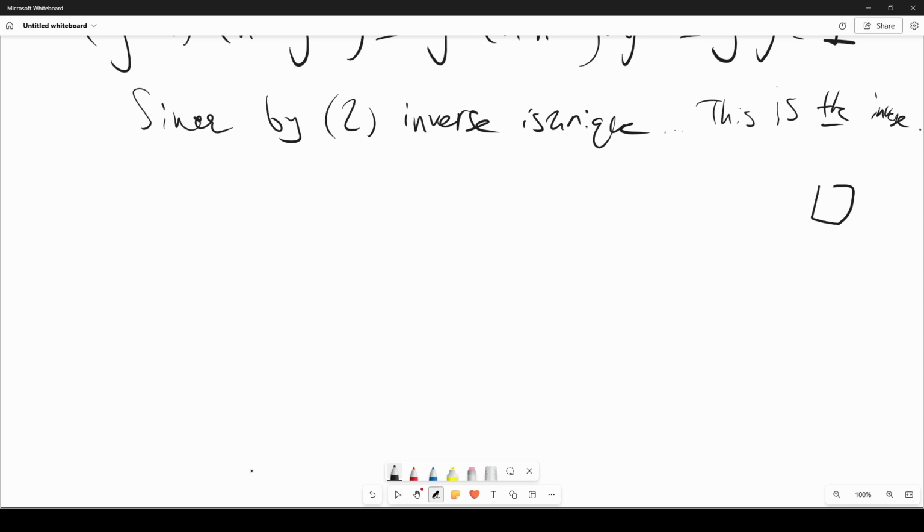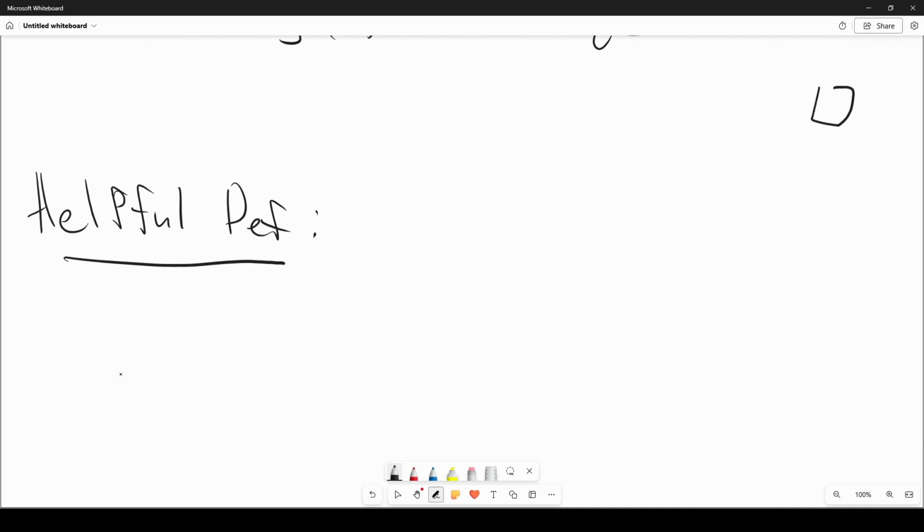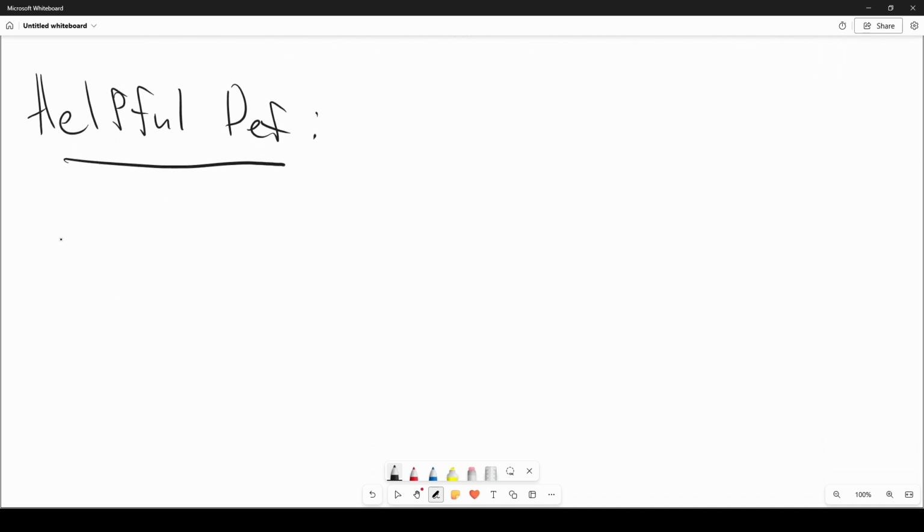Now we're going to get onto some helpful definitions for groups. Okay. The first one we defined last time, but I'll do it slightly more rigorously. So let G, dot be a group.